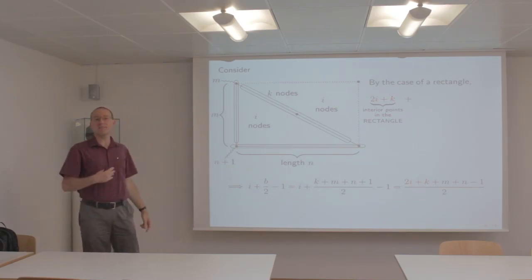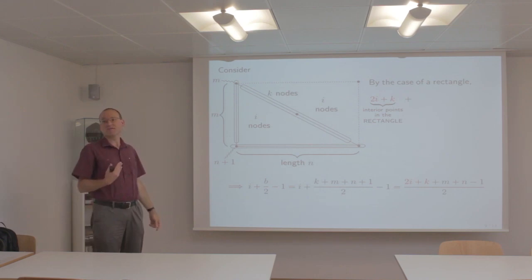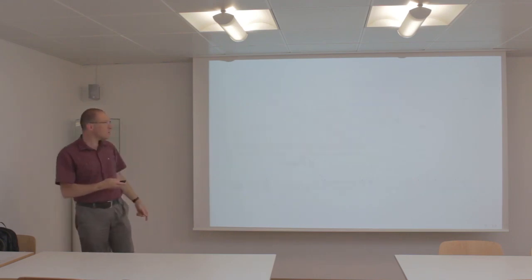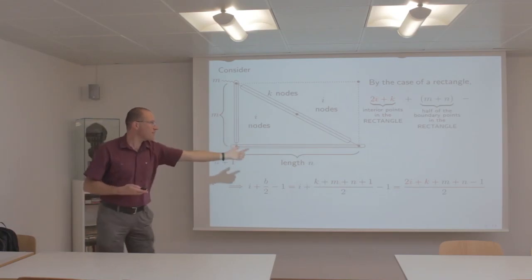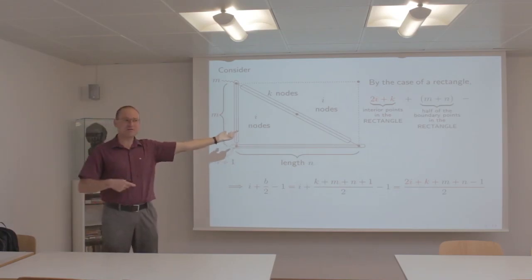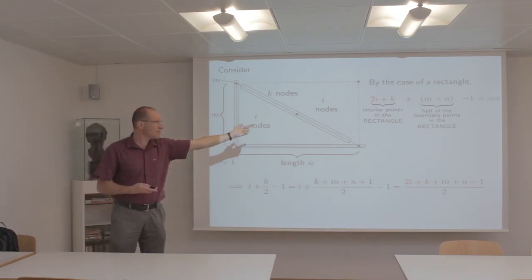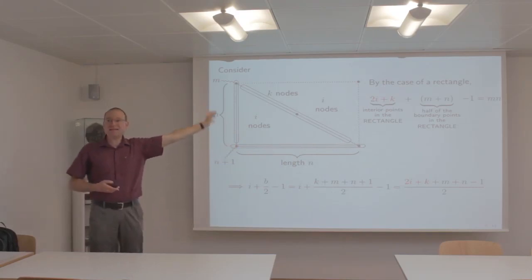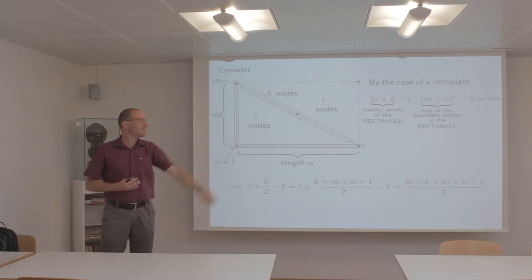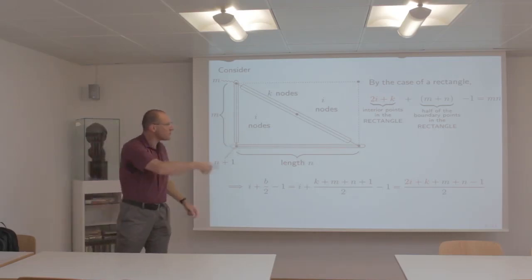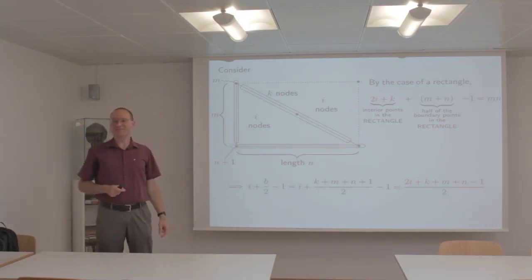And what is half the number of boundary points? We calculated it on the previous slide: m plus n, and then minus 1. The left-hand side is the quantity from Pick's formula for the rectangle, and the right-hand side is the area.